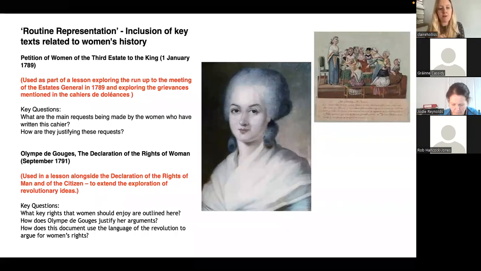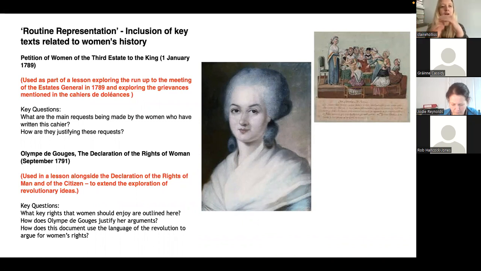And I think that's a really important perspective to take when you're thinking about routine representation, because often the fear that people have when they're doing this is, am I just being tokenistic? Am I just saying, oh, there's not enough women, let's just try and shoehorn some women's stories in?